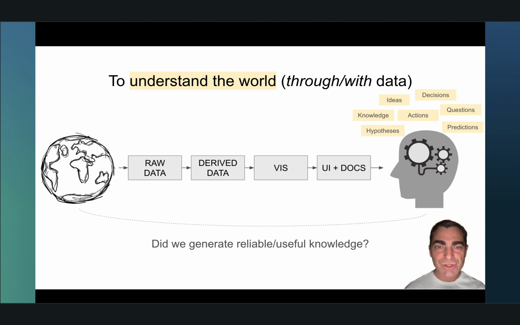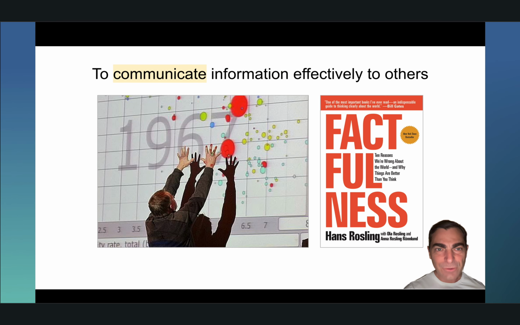And in relation to that, another thing that really matters is whether the knowledge that is being generated is reliable and useful. So that's step one. Second goal is also to communicate information effectively to others. So it's possible that we already know what that information is, but we want to communicate that information to other people in an effective way.